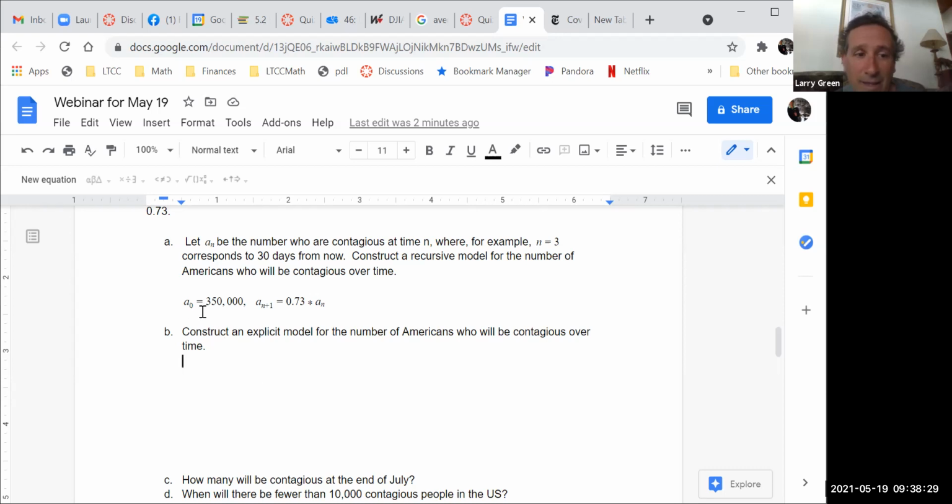Remember, that would be a sub n as a function of n. Any ideas? Should be quick. Either quick to give up or quick to get it. You're all being quiet.